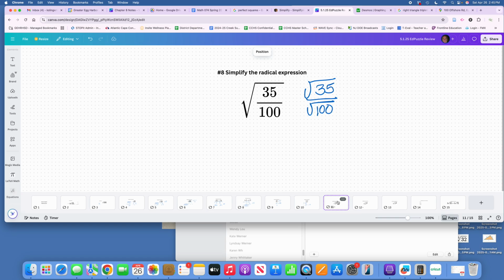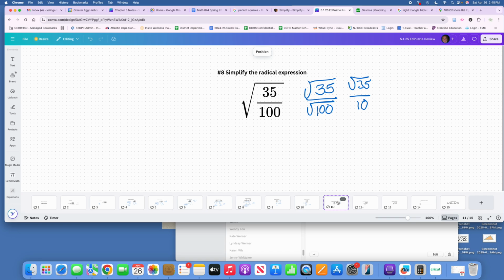Okay, 100 is a perfect square, so that's actually just 10, and then 5 and 7 are both primes, so it actually is just going to be radical 35 on the top.